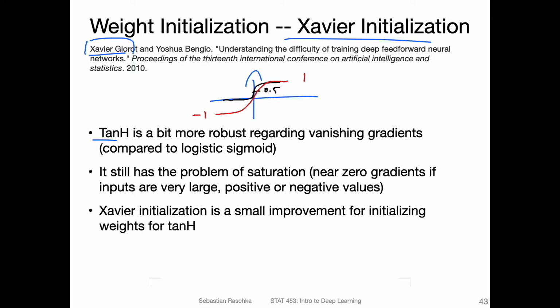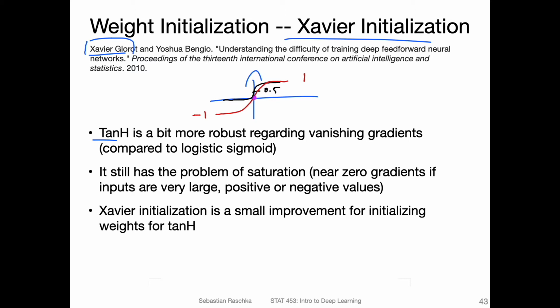And if you recall, the partial derivative of that function with respect to its input is 1. So instead of 0.25 for the logistic sigmoid, for the tanh the derivative at the highest point in the center is 1. So in this case, we have less of a vanishing gradient problem compared to the logistic sigmoid.